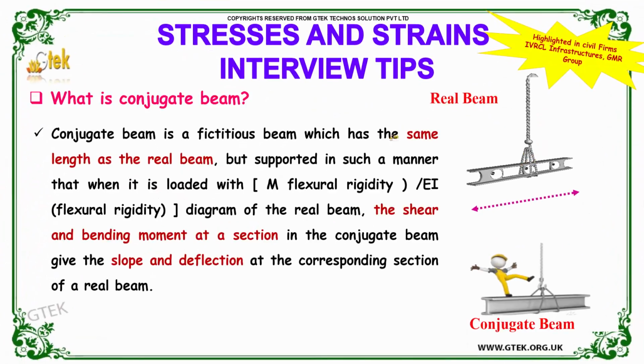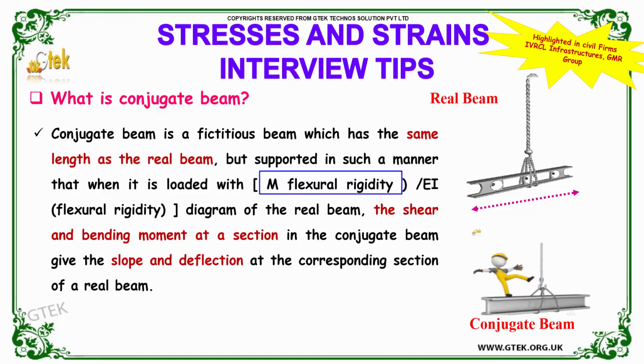Our next question is, what is meant by a conjugate beam? Conjugate beam is a fictitious beam which has the same length as that of the real beam, but supported in such a manner that when it is loaded with M by EI, flexural rigidity, the diagram of the real beam is given over here.